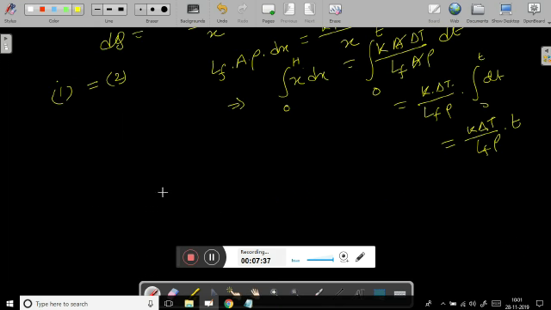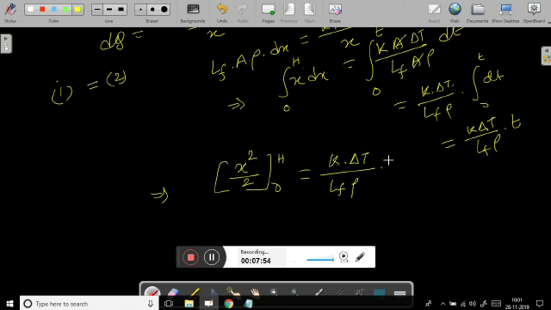The left hand side is x square by 2, from 0 to h, lower limit 0 and upper limit h, equal to K into delta T by LF into rho into t. Now if you put this value over here, it comes down to h square by 2 is equal to K into delta T into small t divided by LF into rho.